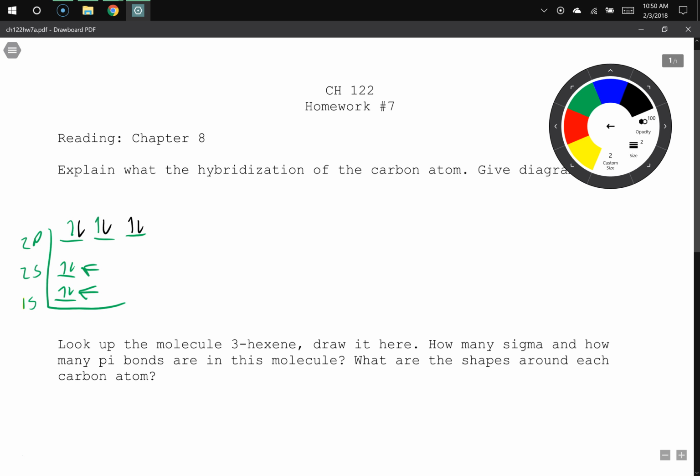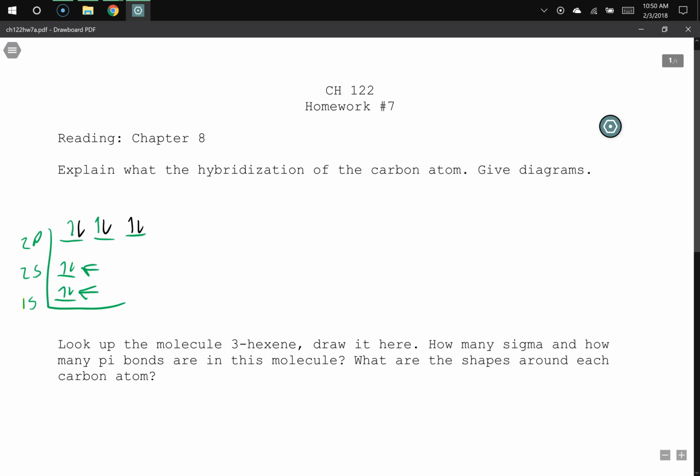So what Pauling said was the energy difference between the 2s and the 2p is practically insignificant, and so he redrew the energy level diagram for carbon as 1s, and then 2sp3. So this is 1, 2, 3, 4.